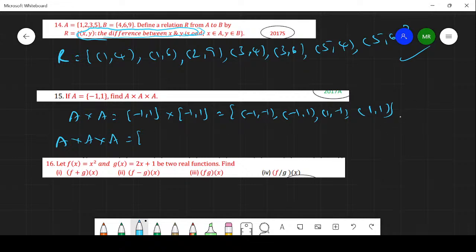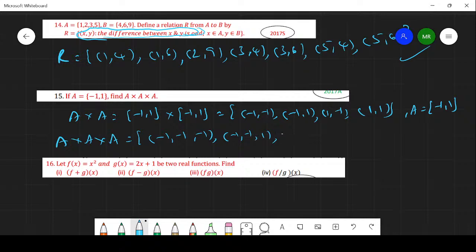Again cross A means you take again A equal to {-1, 1}. You write now A cross A cross A. First you take the A cross A element, this one, (-1, -1), again with -1. You write the first one again with -1, again 1. So that one is over.